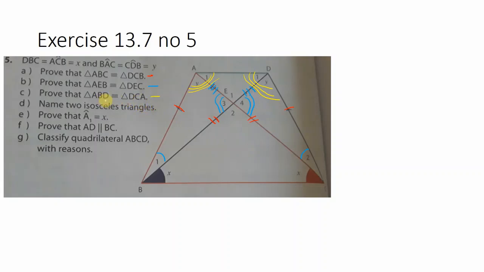And then angle D equals angle A, that we already had from here. So let's look in terms of sides. AB, DC, we already had that.